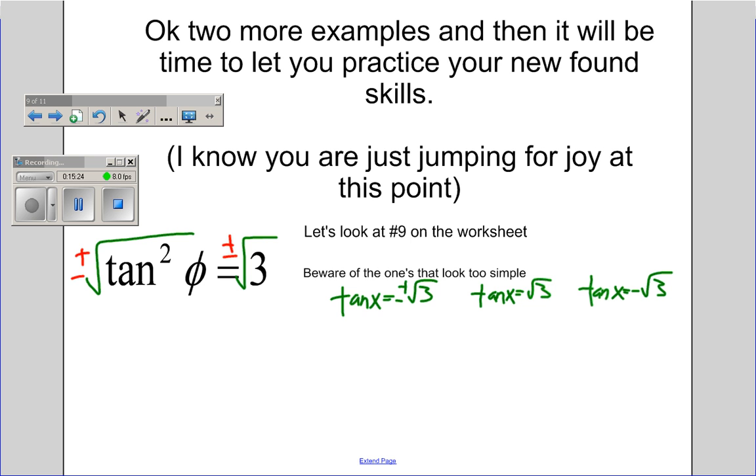Okay, when this happens, we got to go back to our circle. Okay, so looking at our circle, all right, when is tangent the square root of 3? Okay, well, it's this 60-degree angle, right? Because we've got 1/2 and then square root of 3 over 2.